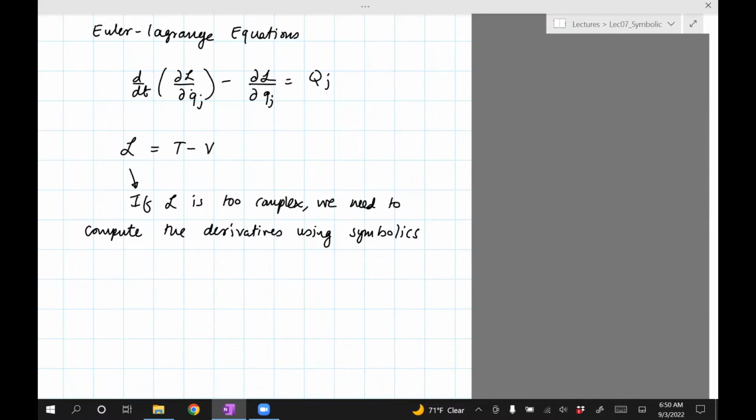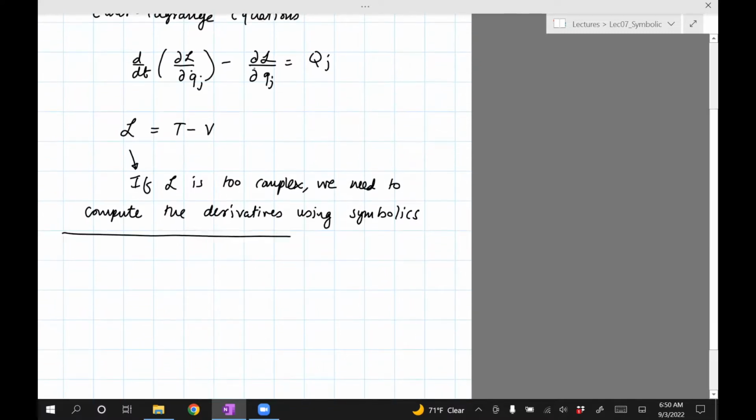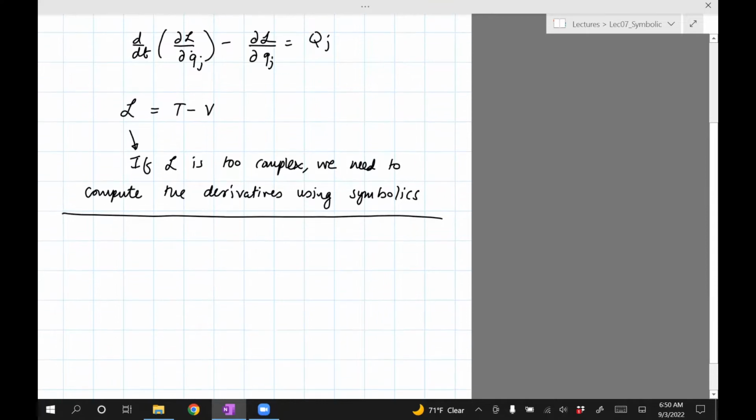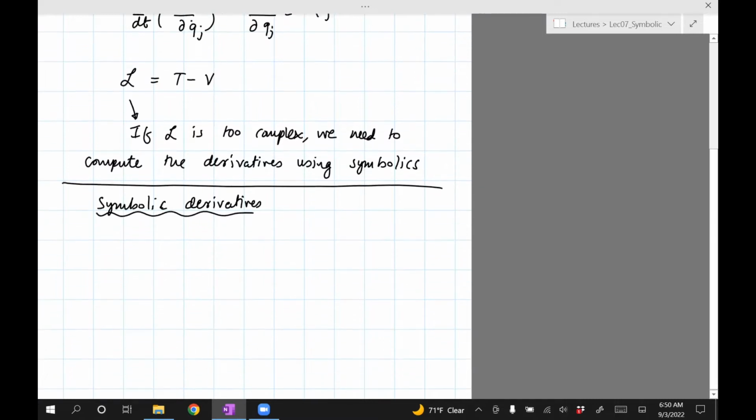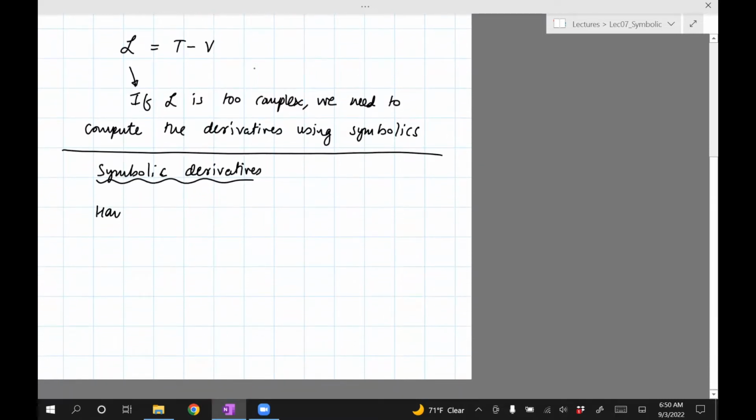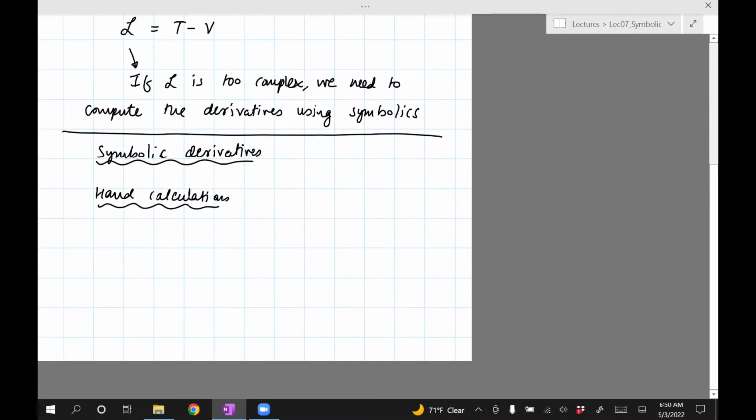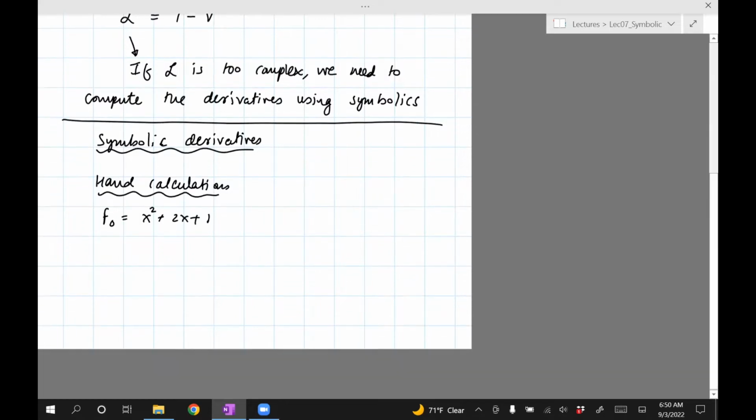Okay, let's sort of review symbolic derivatives. Let's do a simple example, and this will be a hand calculation. So let's say that we have the function f0 equals x squared plus 2x plus 1.